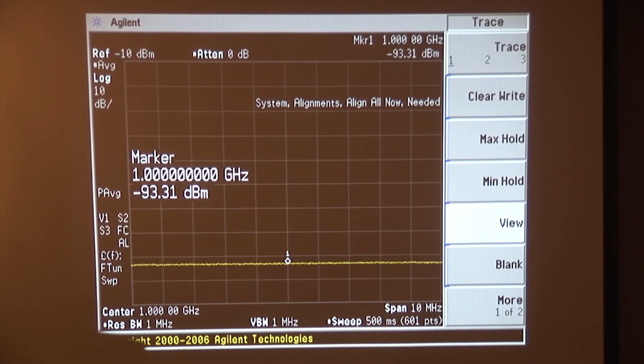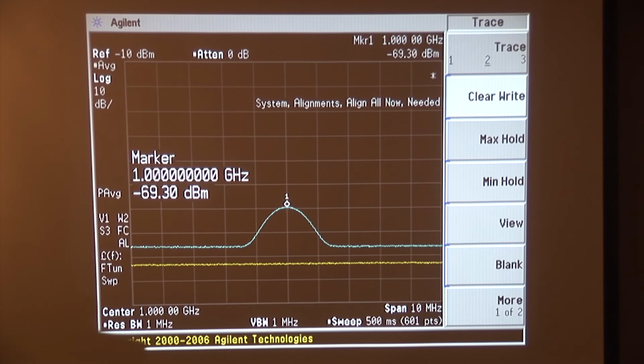Now we're going to go to trace 2, clear right. Okay, we're going to turn on this first amplifier, the one we just looked at. Power on. Okay, trace 2 view. Now we see the spectrum analyzer initial state. Now we turn on the amplifier. This amplifier has about a 4 dB noise figure with 30 dB of gain.